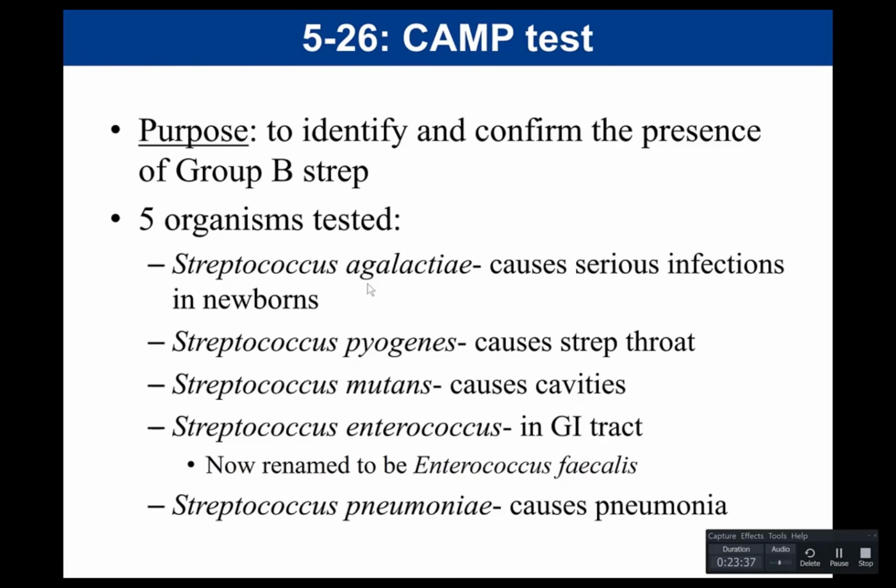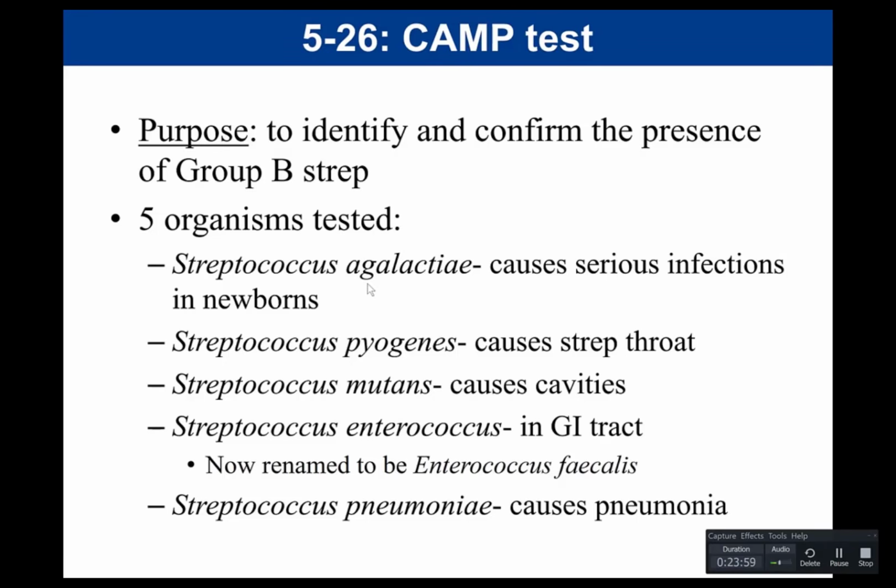For that one, you're talking about Strep agalactiae, because if you're female and pregnant, knowing that you're a carrier means you would be given antibiotics during delivery to try to prevent transmission to a newborn, a neonate.